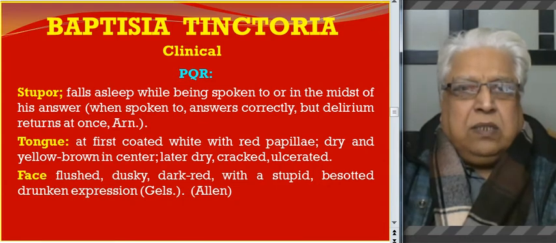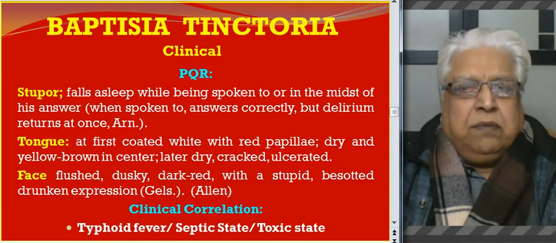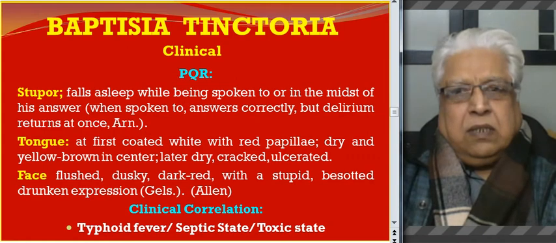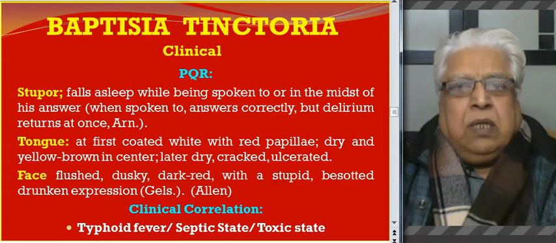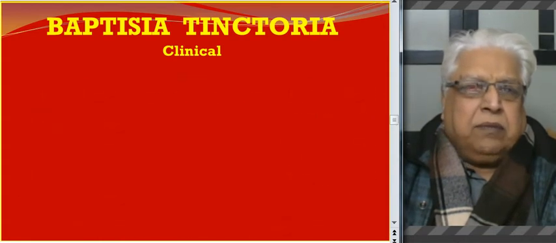Face is flushed, dusky, dark red with stupid, besotted, drunken expression. This condition we can correlate clinically with typhoid state or septic state or toxic state, which may be because of anything where there is serious infection, whether it is a pneumonia or urinary tract infection.